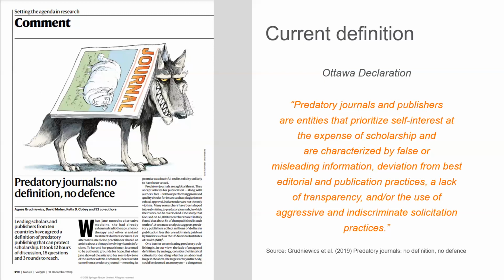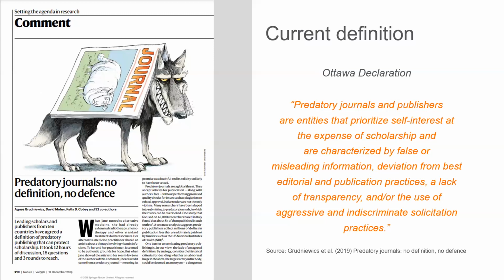And this was done by a group of researchers that came together for the purpose of really talking about what does predatory publishing mean, and they came out with what is now known as the Ottawa Declaration, and it reads that predatory journals and publishers are entities that prioritize self-interest at the expense of scholarship and are characterized by false and misleading information, deviation from best editorial and publication practices, a lack of transparency, and the use of aggressive and indiscriminate solicitation practices. Right. So what does all of this mean?